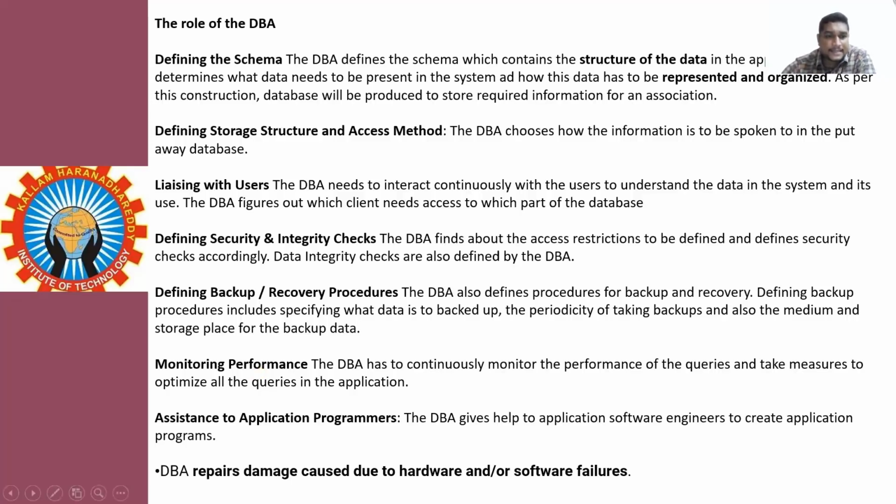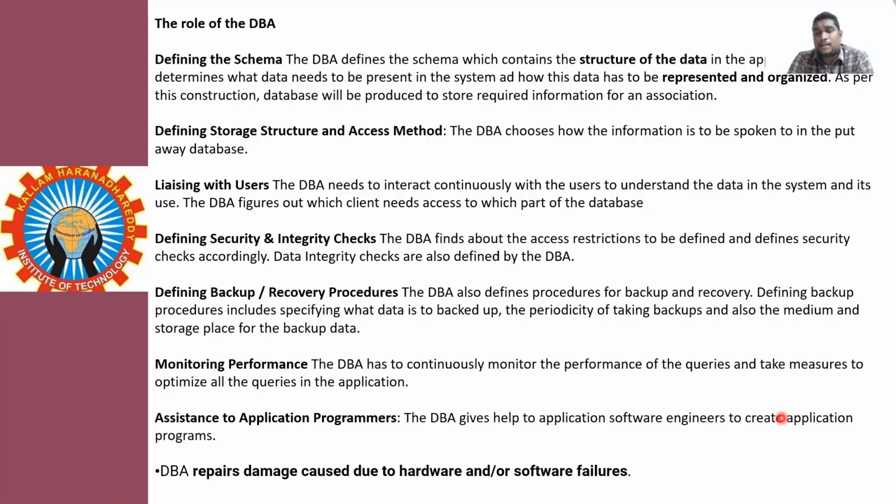Okay, and assistance to application programmers, that is nothing but helping application software engineers to create application programs. That is nothing but whatever we discussed, the ER model. The ER model is one of the assistants to the application programmer. Before constructing the table, the data is in the form of an ER model, that is a picture model, so that the user can easily understand that model.